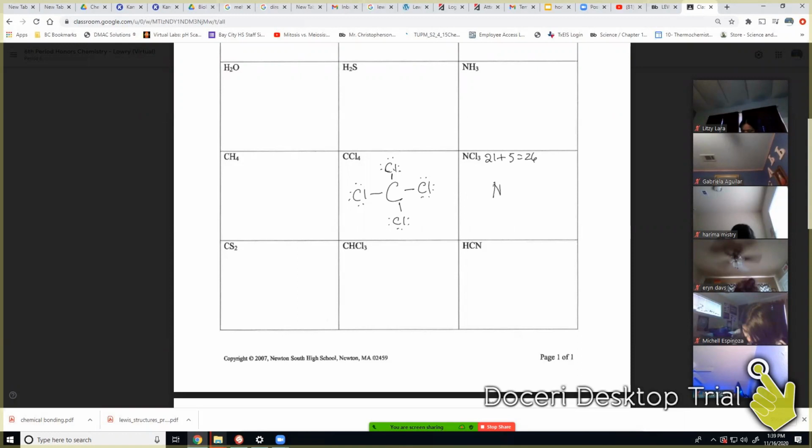Like you said, I'm going to put my nitrogen in the middle, give myself 3 chlorines, and start giving them their octet. If I counted that up right, that should be 24, because 8 times 3 is 24. So I still have how many electrons? 2. And what needs those 2 electrons? Nitrogen, exactly. And that would be my nitrogen.